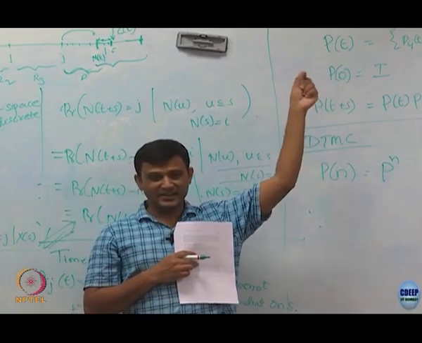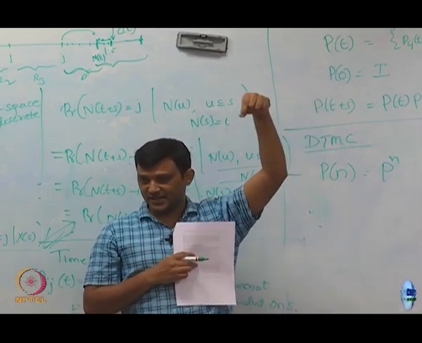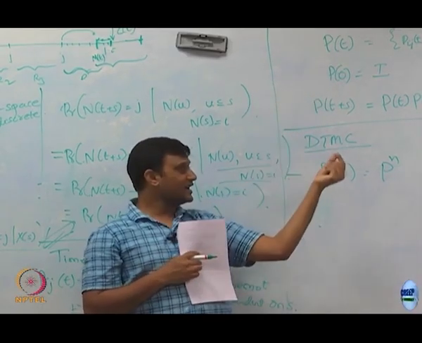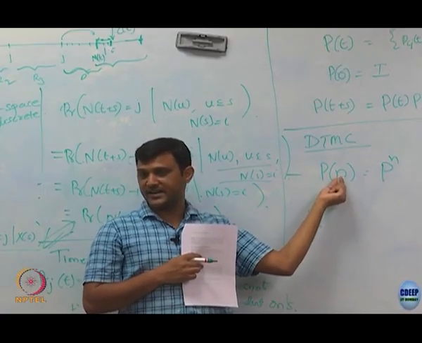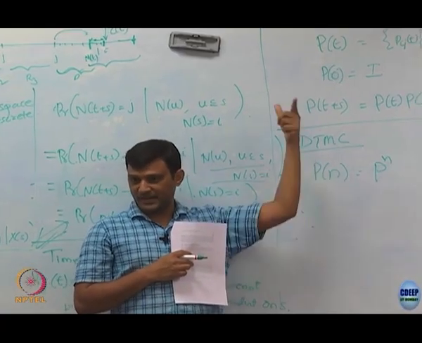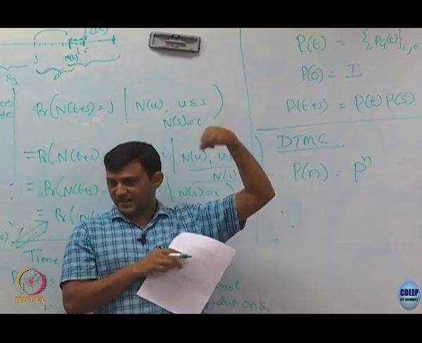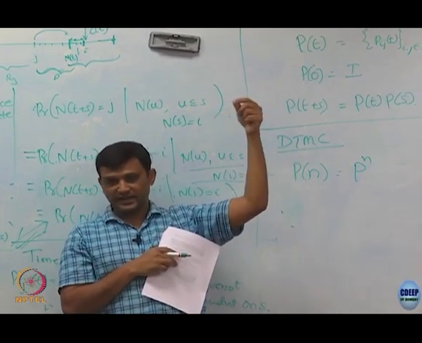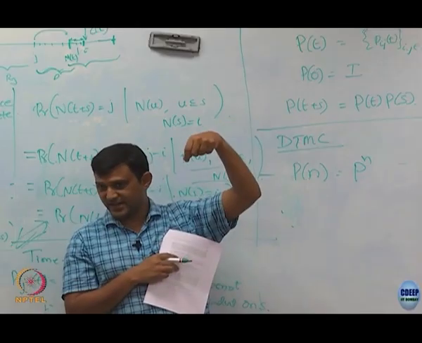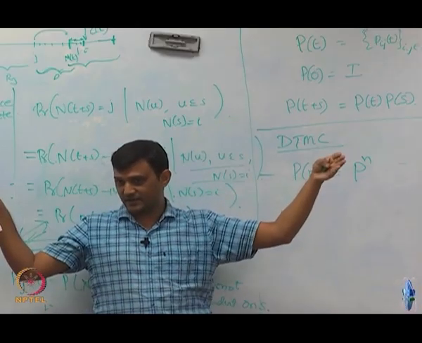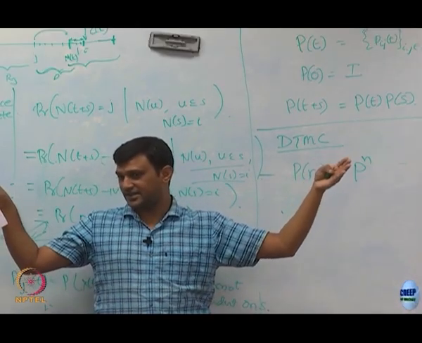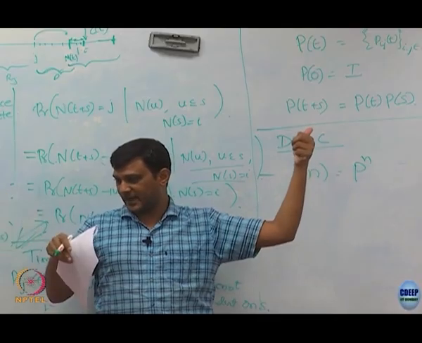There you are interested in transitions at every step. When you look at n, you look at n time steps, but in some interval 0 to t, you will be interested in transitions at every instant. That means there are infinitely many, uncountably many transitions possible, so that does not make sense.